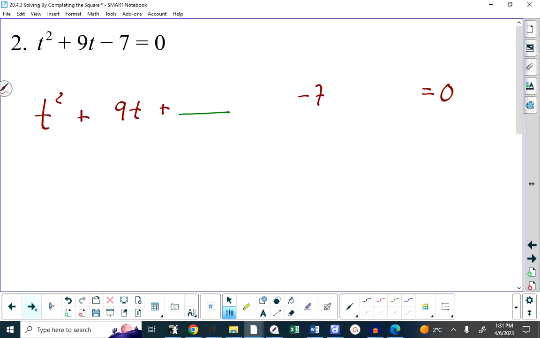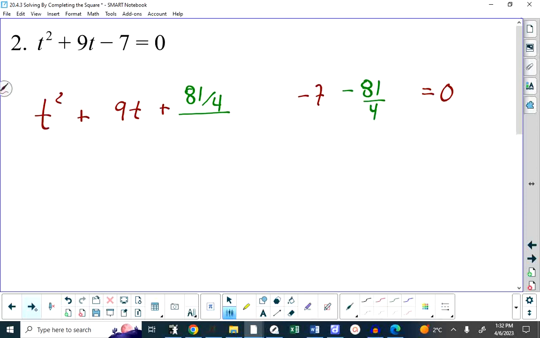Half of 9 is 9 over 2. Squared gives me 81 over 4. I don't like writing fractions with a little slant angle, but because of that blank, I'm doing so. That means we have to subtract 81 over 4.